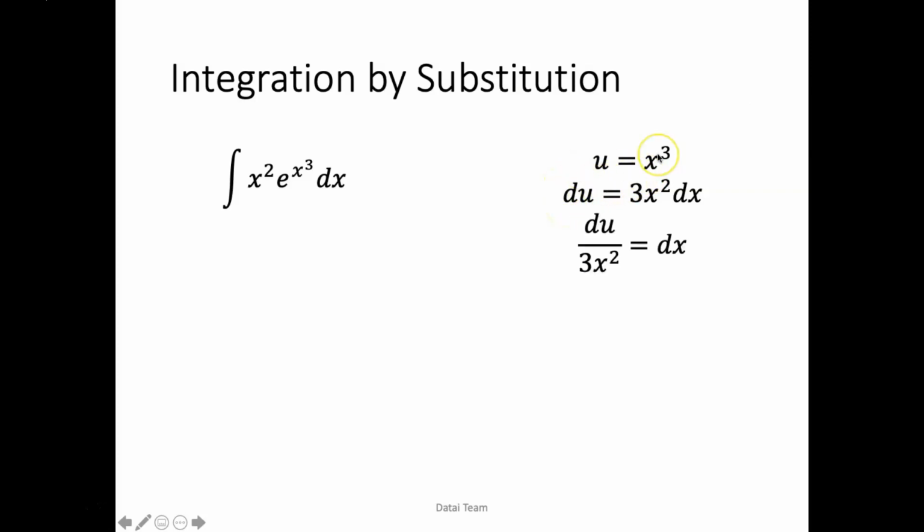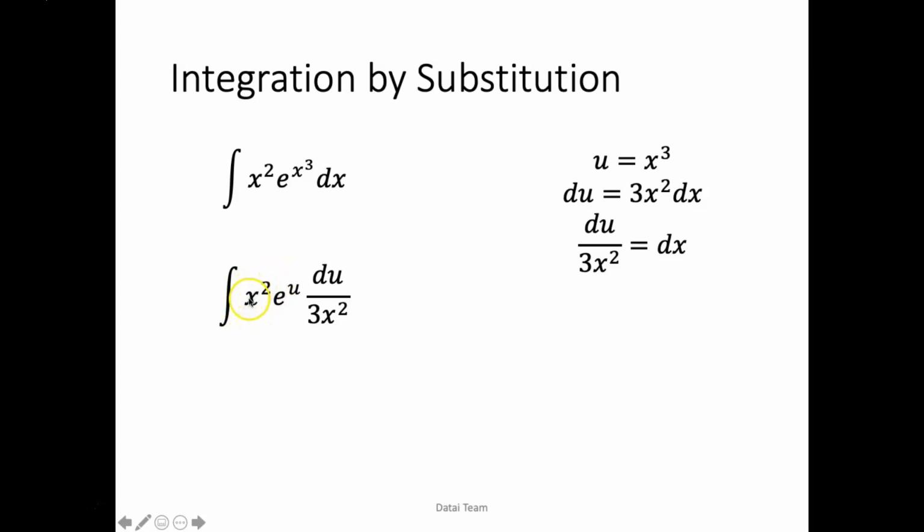And then we find our dx value. Dx is equal to du over 3x squared. Now that we know our u and our dx, we substitute du over 3x squared as dx and substitute u as x cubed. When we do the substitutions, we have this x squared here.